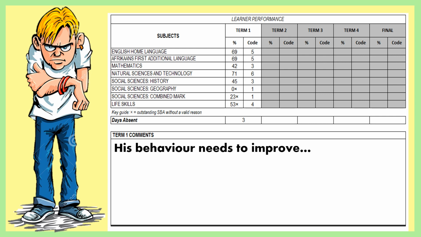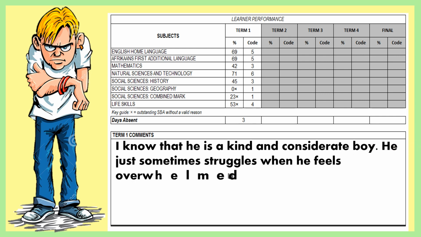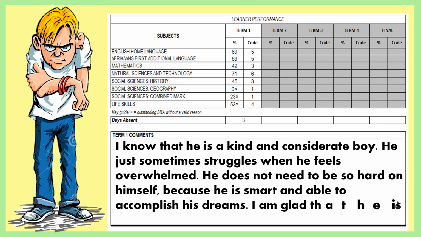I decided to write on his report card what I would want him to be, what I would like to see him develop into. And so I wrote, I know that he is a kind and considerate boy. He just sometimes struggles when he feels overwhelmed. He does not need to be so hard on himself because he is smart and able to accomplish his dreams. I am glad that he is in my class.